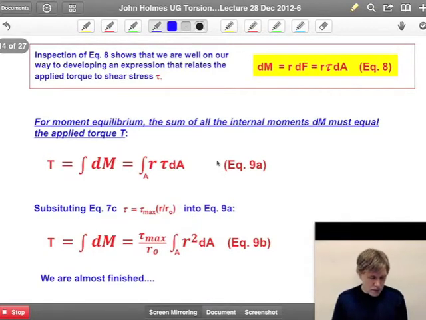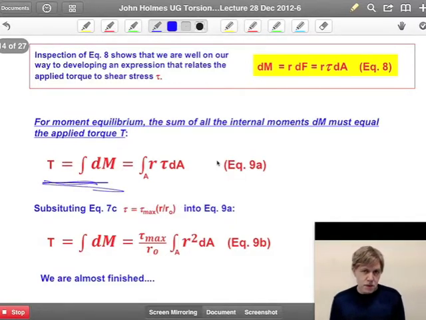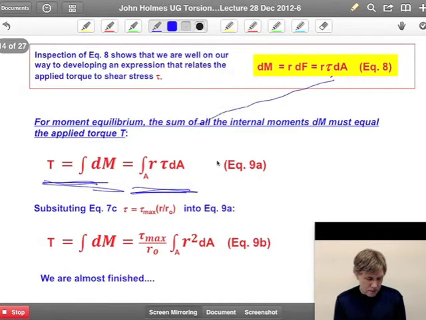Remember that all of these differential moments acting on these material elements are reacting to this external torque T. So all we need to do now is integrate over the cross-sectional area, and I've done that here. Let's call that equation 9a. Again, all I've done is substitute in for dM.